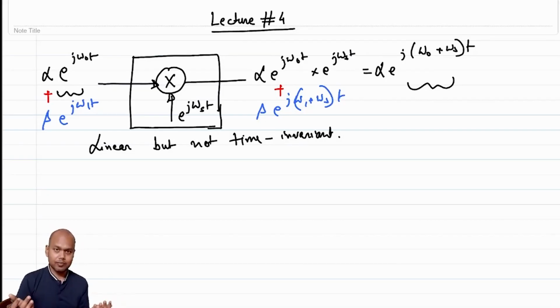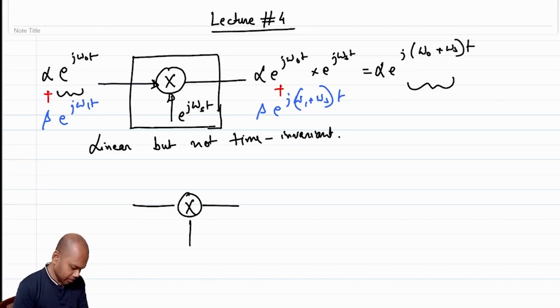But even before getting into that, there are some analysis techniques that will be useful for us going forward, and that is what I'm going to spend the next few minutes on. For example, a very common occurrence later on in this course will be a situation like this. Let's say I have a mixer, or a multiplier, where one of the inputs is not e to the power j omega t, but a square wave.